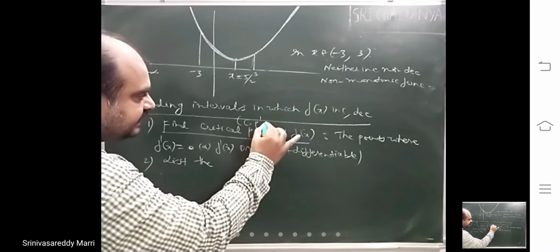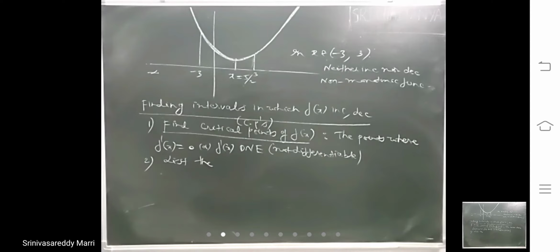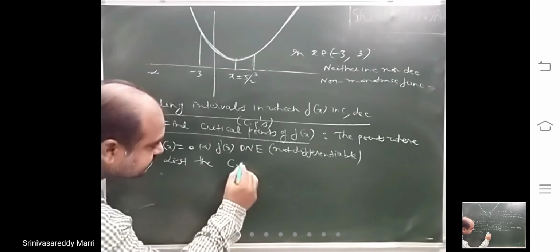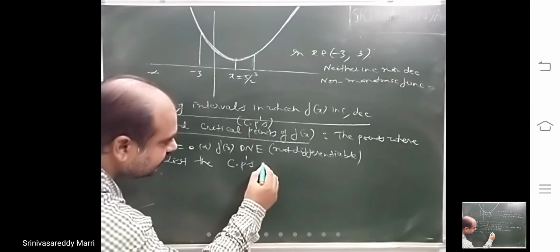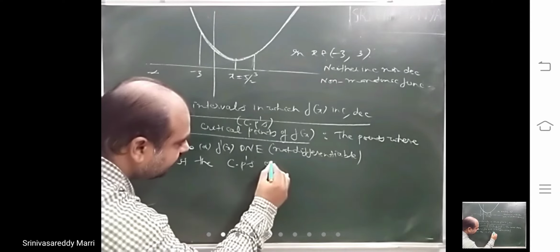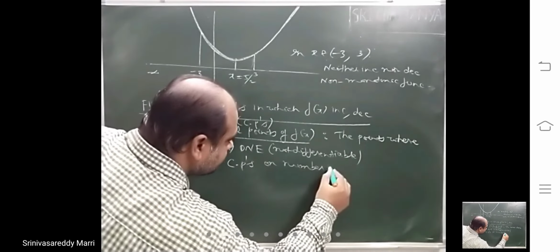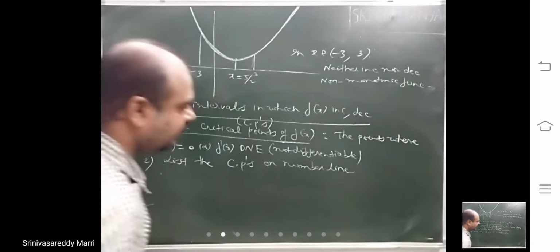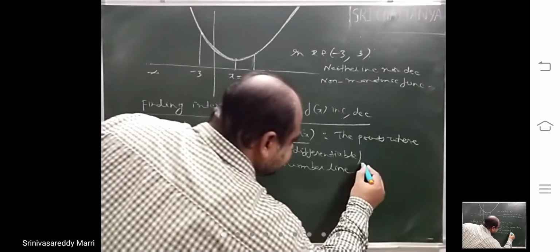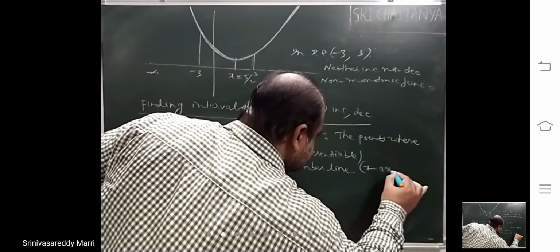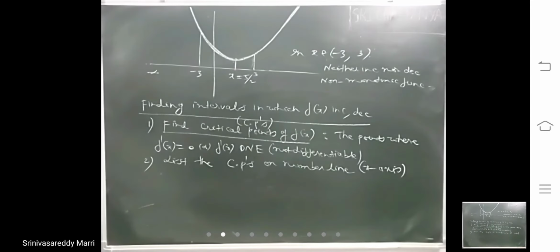I will always indicate critical points like CPs. List the CPs on number line, that means x-axis. Number 3.